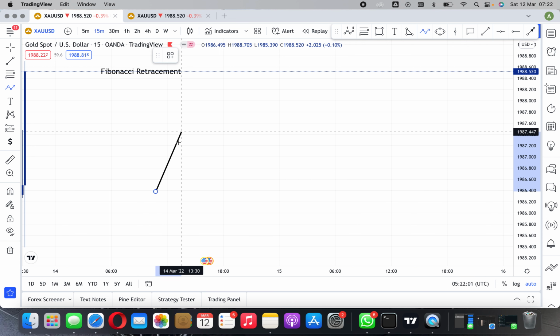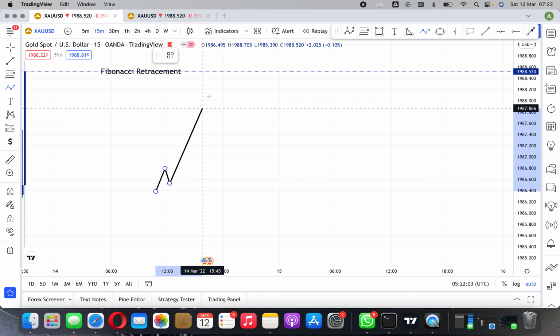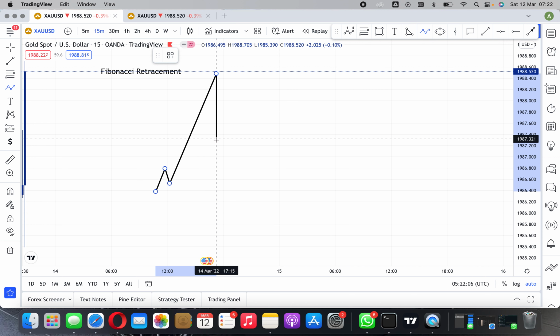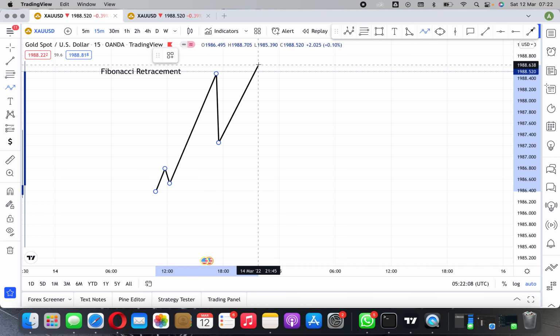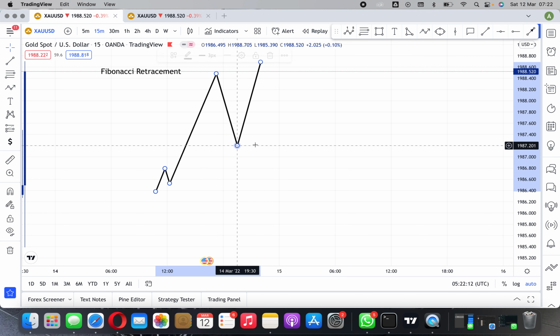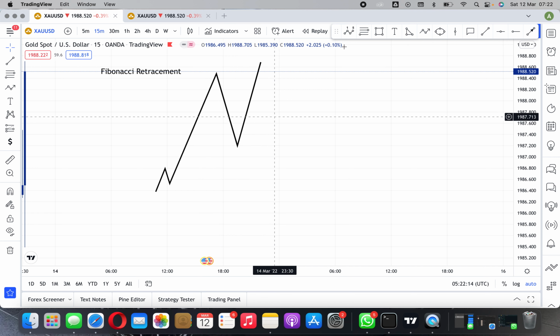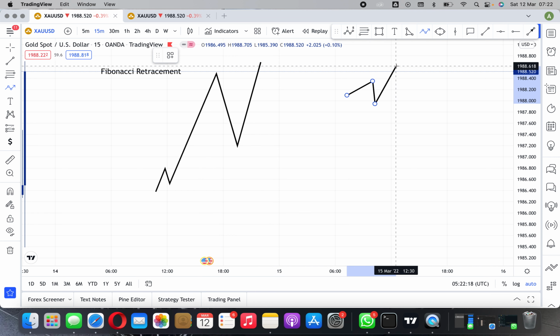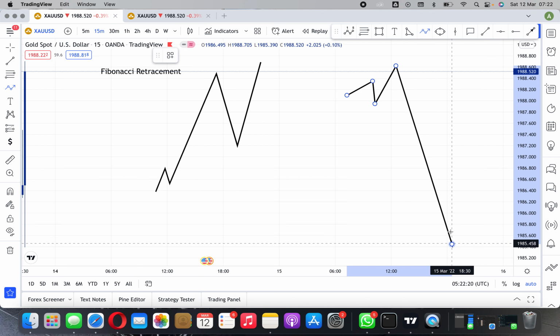We believe that when the market goes up, there must be a retrace back before it starts going up again, because the market is not something that goes up and never comes down. Even on the downtrend, even though it goes down, it's still going to come back up, then start going back to where it's going.